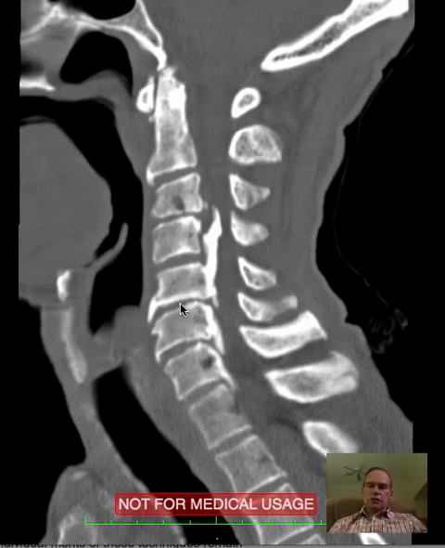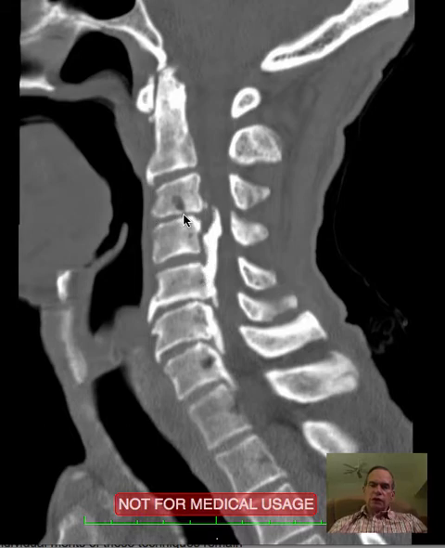Here you can see some disc degeneration with narrowing of the disc space height at C5-6 and C6-7, with this posterior ossification of the posterior longitudinal ligament, which is a little different than the typical osteophyte that you see bridging between two adjacent levels.